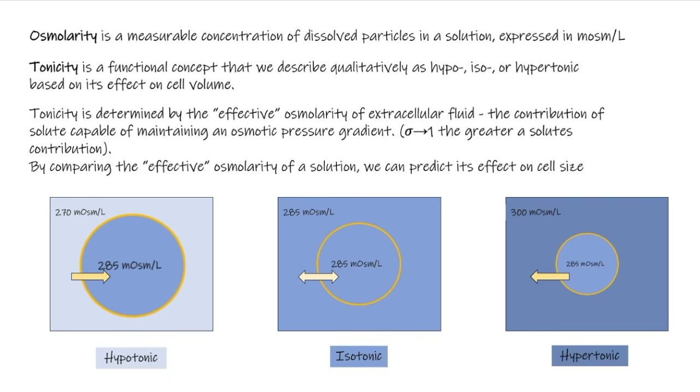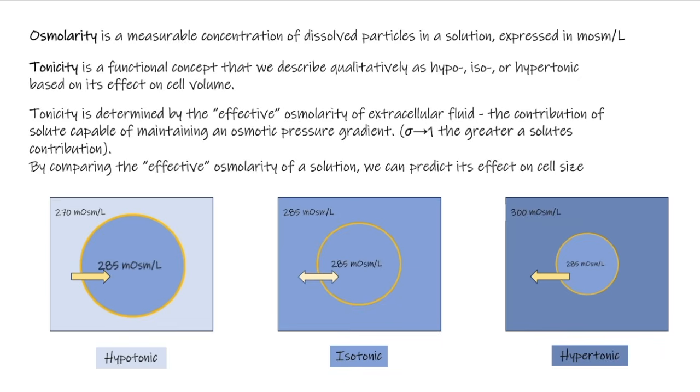As a physician, understanding tonicity is extremely important. We have homeostatic processes that we will learn about as we go through the semester, which function to keep the effective osmolarity of our extracellular fluid around 285. By doing so, this limits any significant net movement of water either in or out of the cell, thereby maintaining normal cell size.